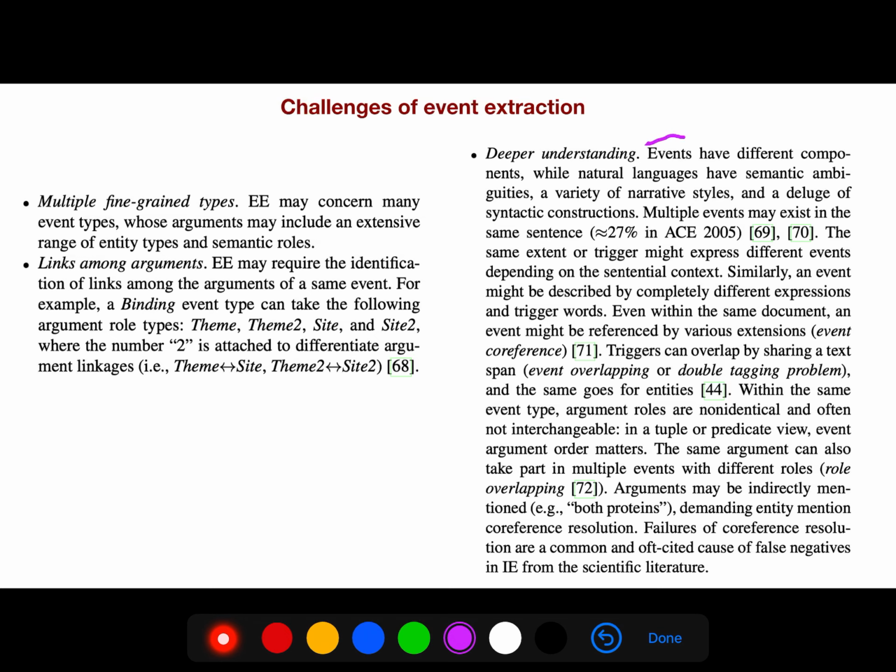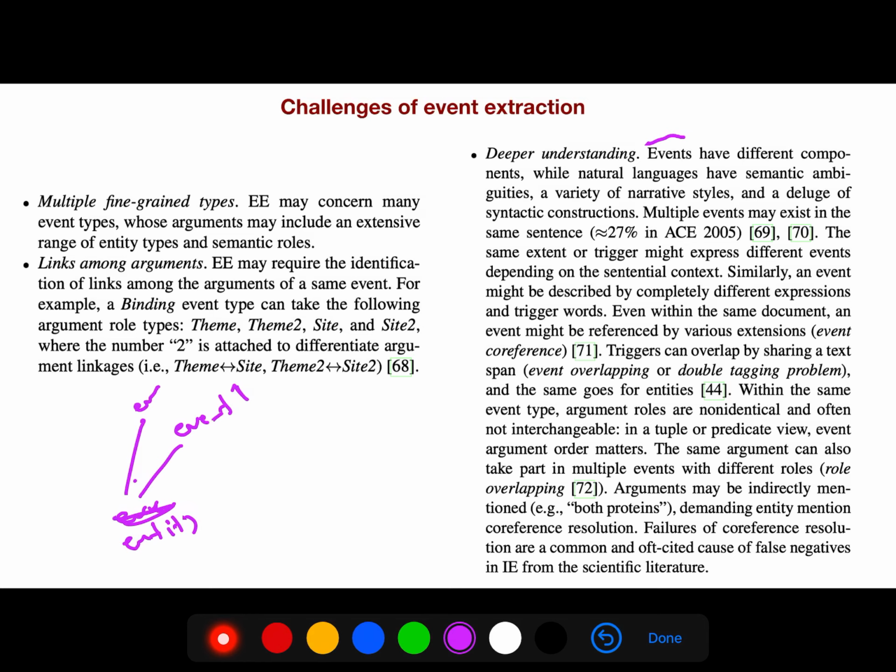So there are three kinds of events. A simple event is not nested and has no overlapping. But when there is overlapping, it means that, for example, one entity can be shared by two different events, event 1 and event 2.